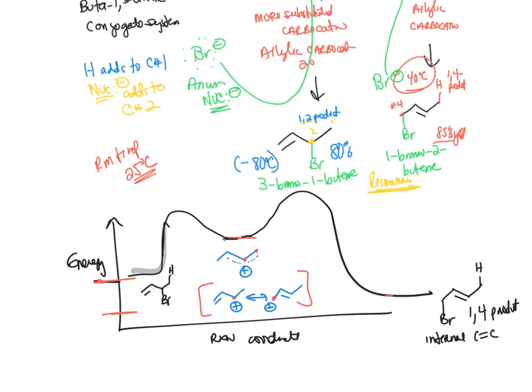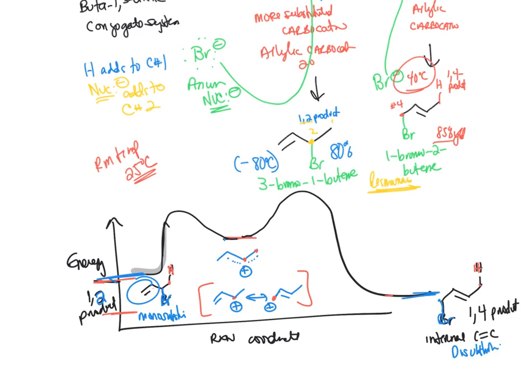This is your 1,2 product. You notice the hydrogen always adds on the 1, and then the question is, does your nucleophile add on the 2 or does it add on the 4? This is less stable because the double bond is only mono-substituted, and this one's internal, di-substituted. So that's why it's going to have a lower energy.